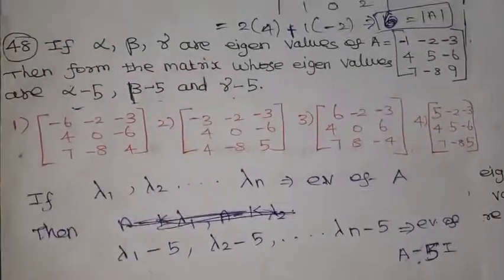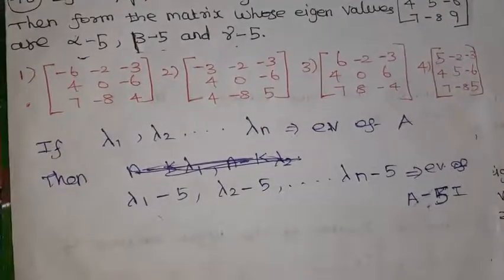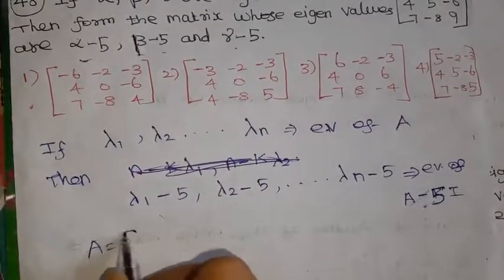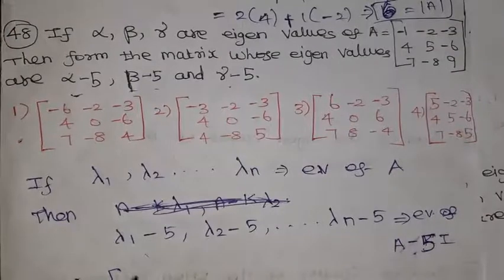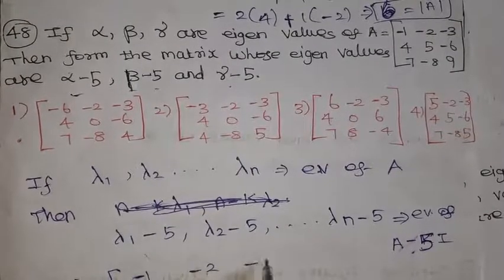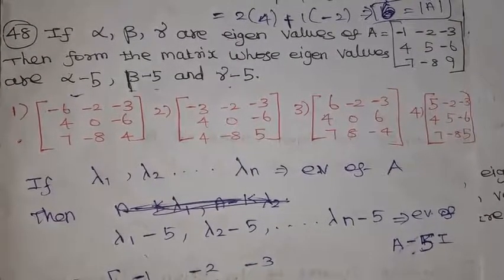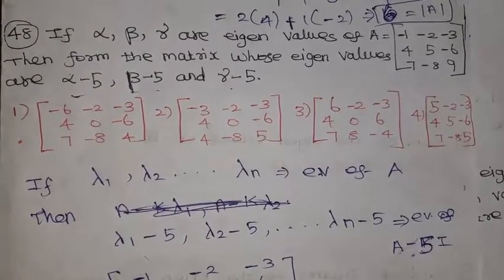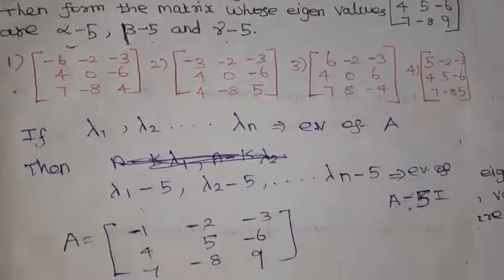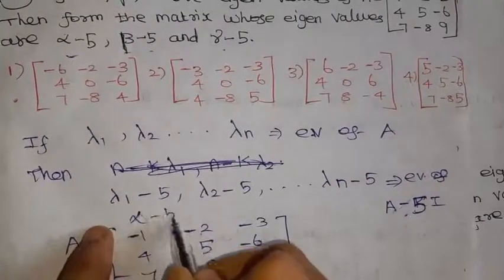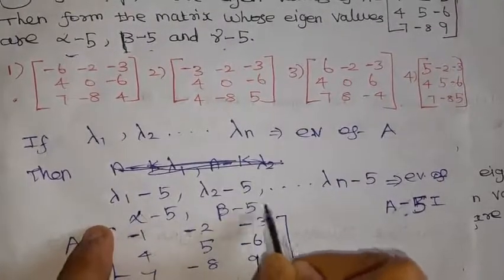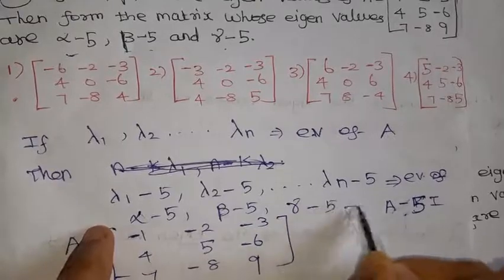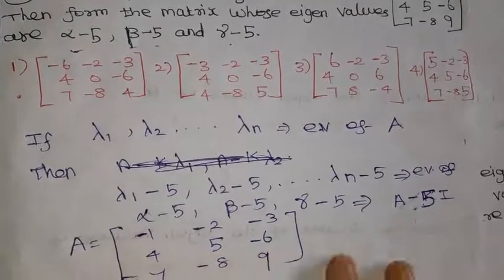We are going to form the matrix. What is the A matrix? We'll write it down: minus 1, minus 2, minus 3, 4, 5, minus 6, 7, minus 8, 9. So alpha minus 5, beta minus 5 and gamma minus 5 are the eigenvalues of A minus 5I.